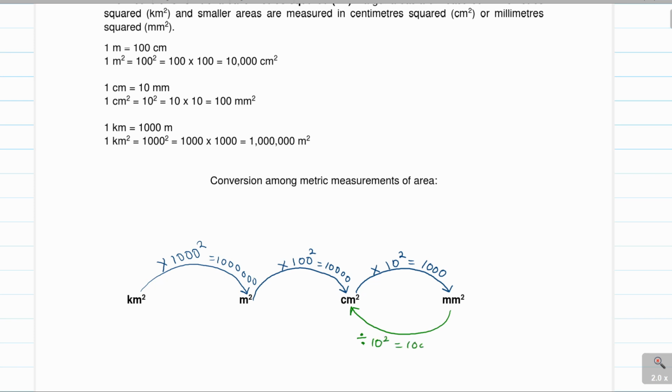If we wanted to go from centimeters squared to meters squared, we will divide the centimeters by 100 squared or 10,000. If we wanted to go from meters squared to kilometers squared, we divide by 1,000 squared, which is 1 million.